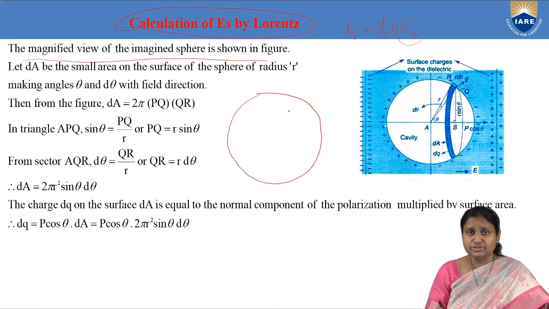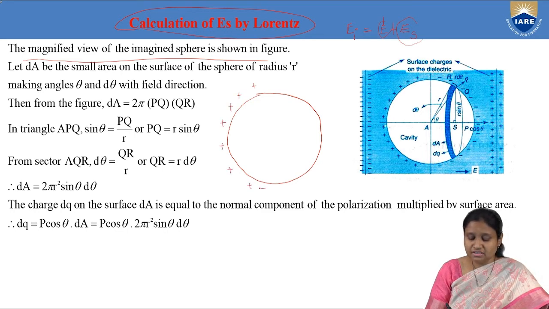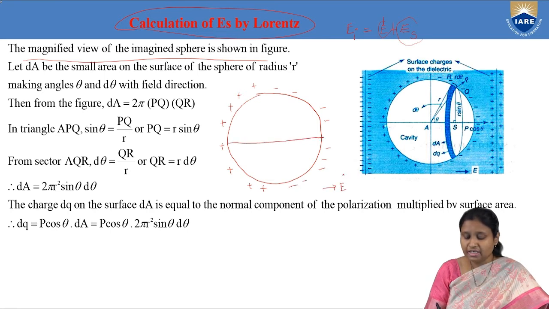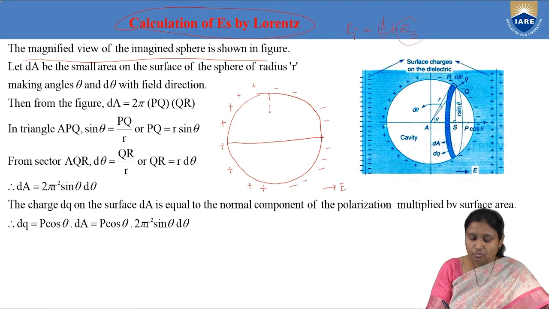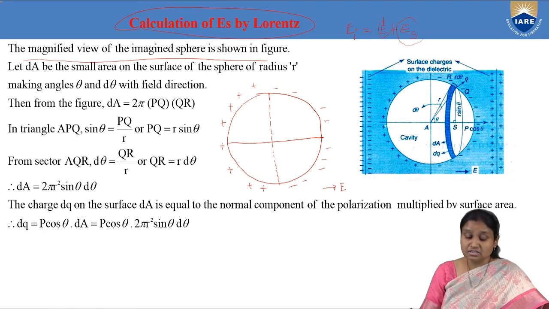This is our imagined sphere, and on this sphere we have development of charges. On the left we have positive charges, and on the right we have formation of negative charges. This is the direction of the applied electric field. Now we need to find the value of ES, the electric field due to polarized charges on this sphere whose radius is R.